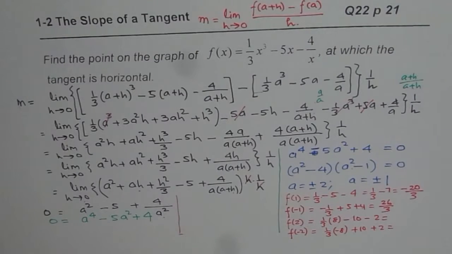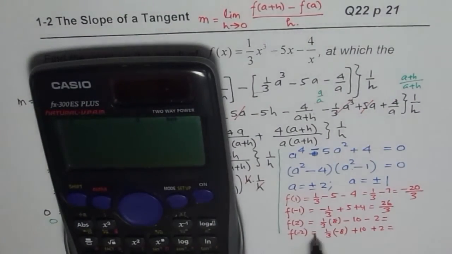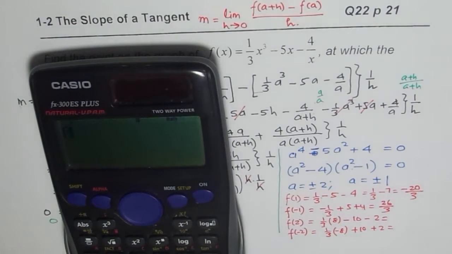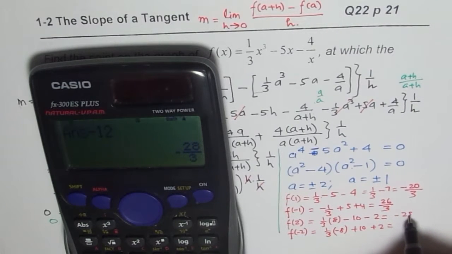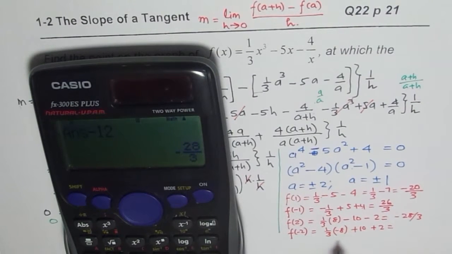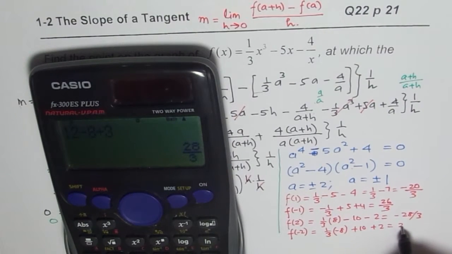So we'll use the calculator to calculate these values. We have 8 divided by 3, and then minus 12, right? So this one is minus 28 over 3, and here we have plus 12 minus 8 divided by 3, which equals plus 28 over 3, right?